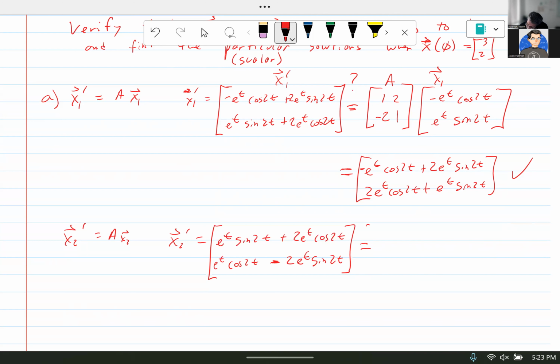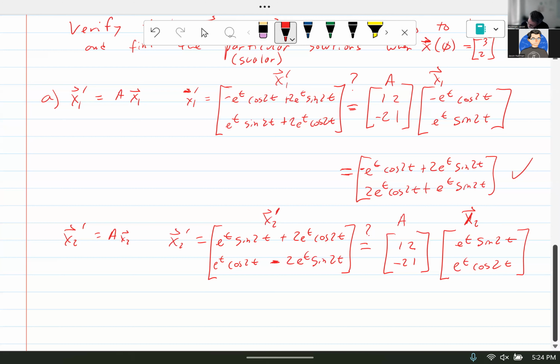Does that equal A, which is 1, 2, negative 2, 1, times x2, where x2 was e to the t sine 2t and e to the t cosine 2t? Now let's multiply this together.